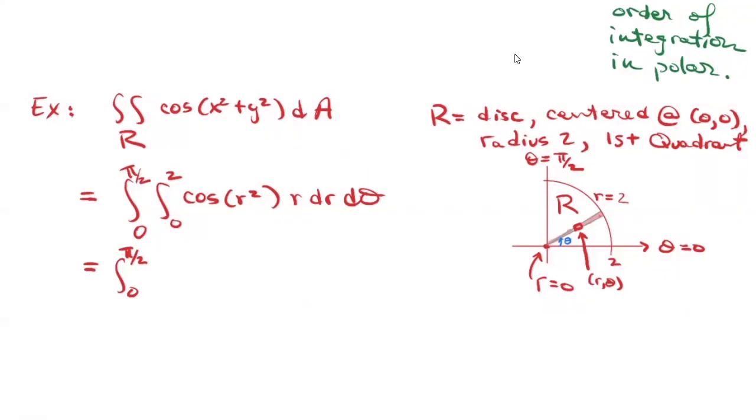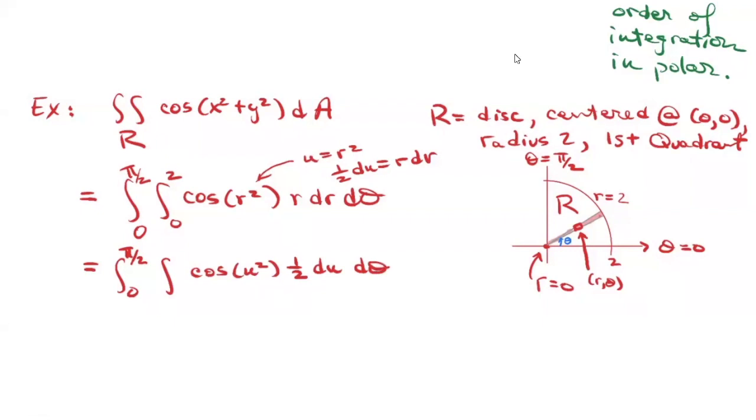So on this one, I would say u is r squared, and 1/2 du is r dr. Okay, so let's see here. We're going to have a cos of u, which is 1/2 du, and d theta.